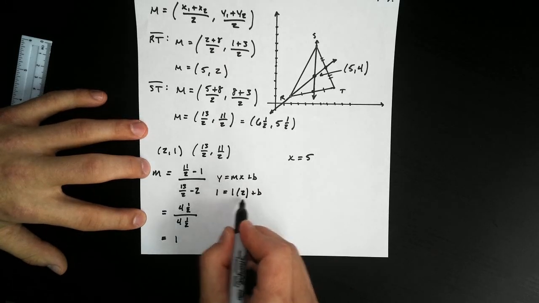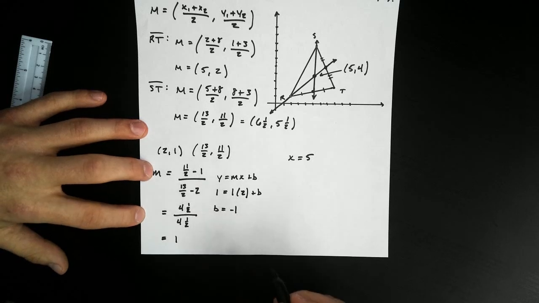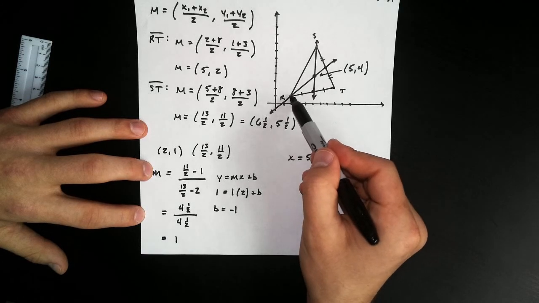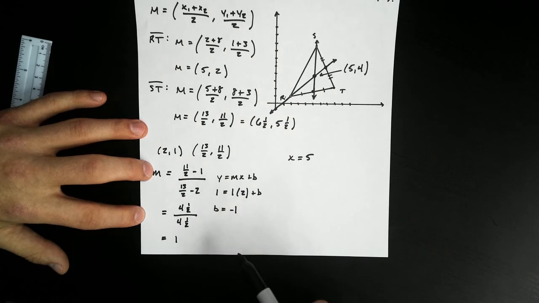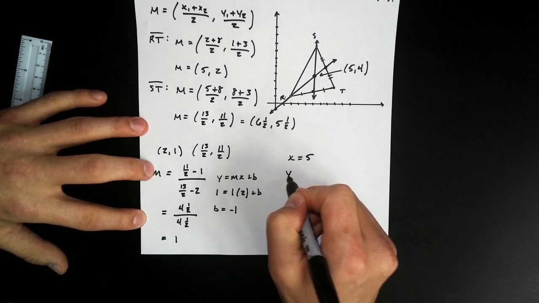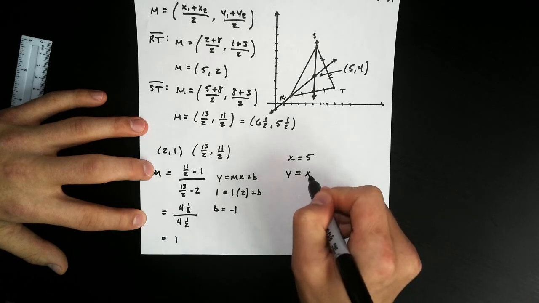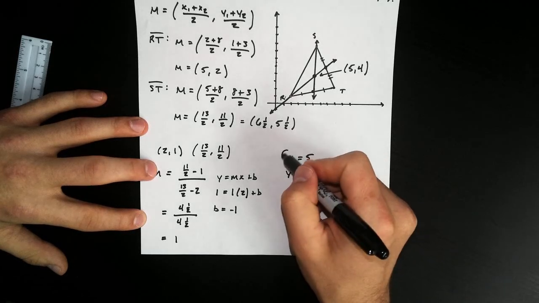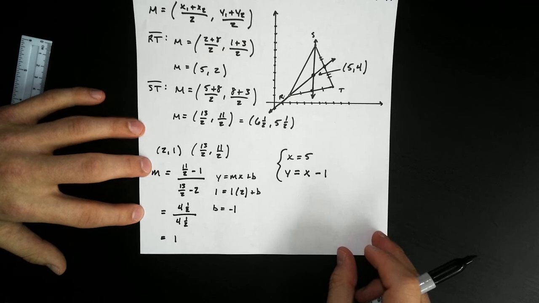I can subtract 2 from both sides, and we get b is negative 1. I could also start at R and use my slope to work backwards, and I can see that it's also negative 1. So putting those two things together, my other equation is y = 1x − 1. So that's the system I want to solve.